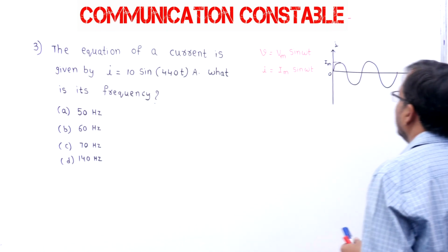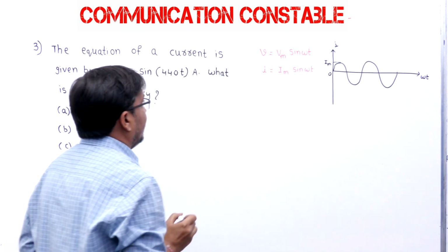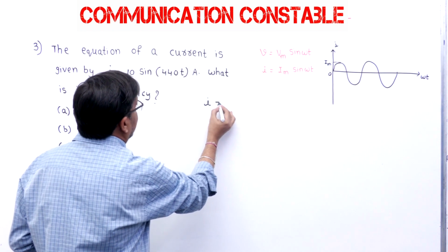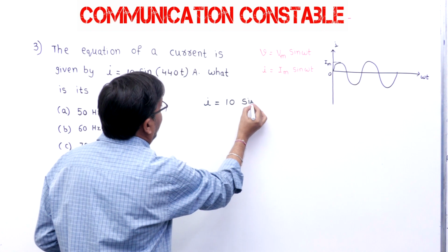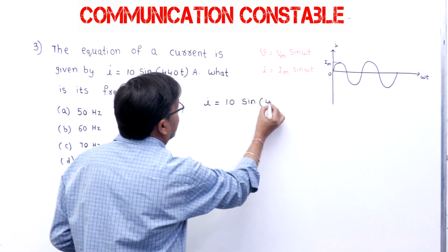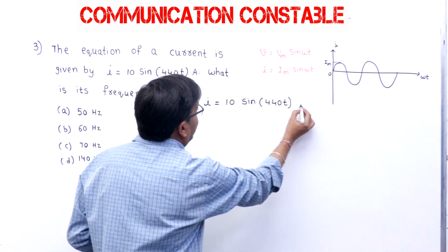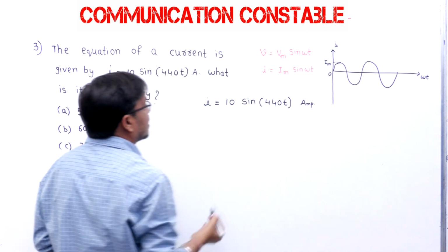See here, the equation of a current is given as I equals 10 sin 440t, and the current units are amperes.